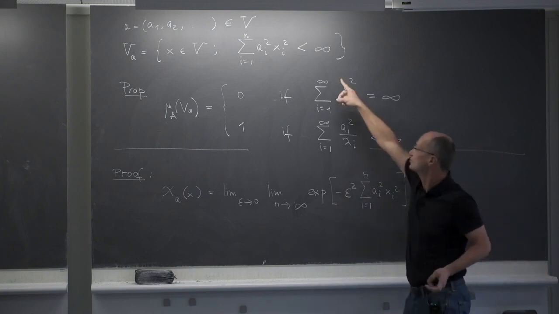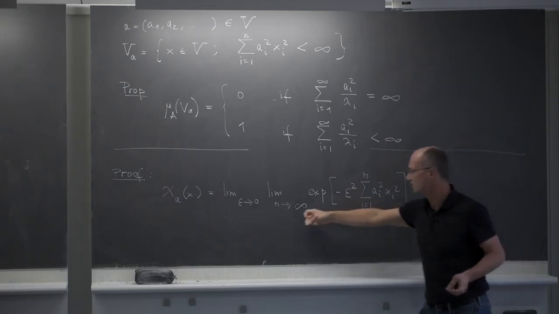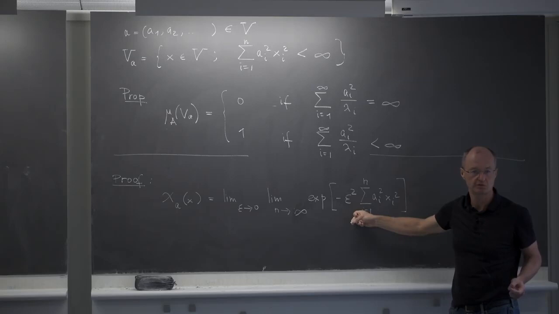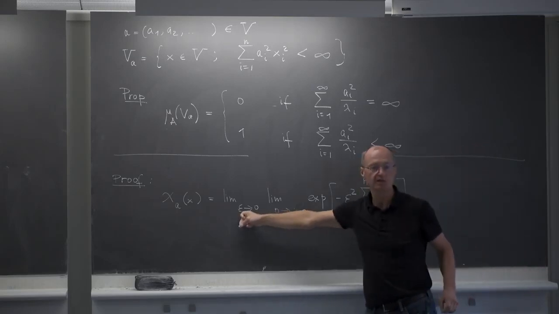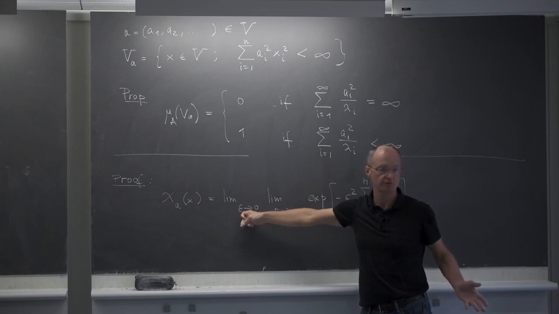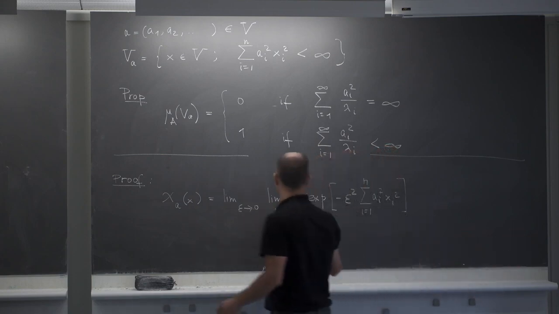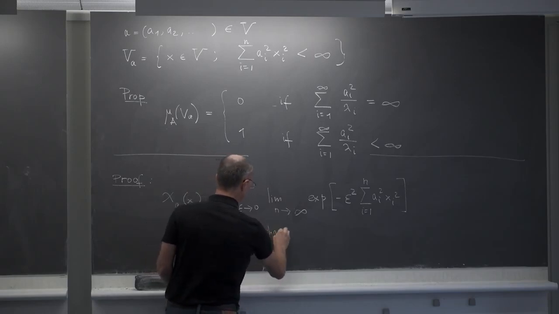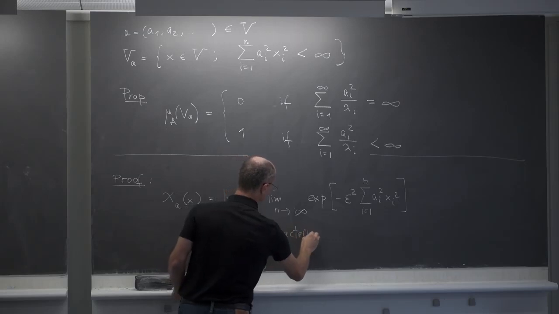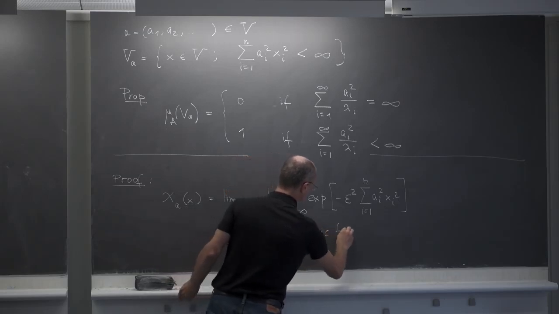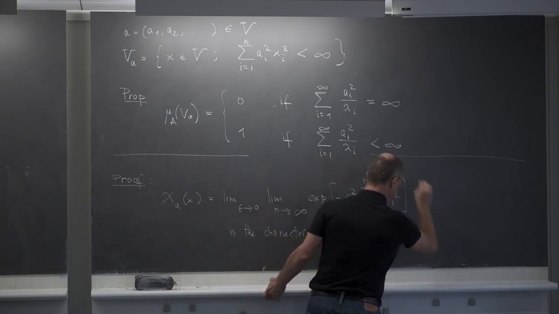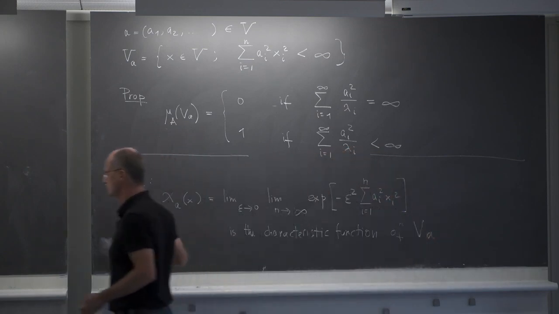And of course, if this thing is divergent, we take a limit n to infinity, so this exponential converges to 0, for all positive epsilons. And then we take a limit epsilon to 0, it remains 0. So this is the characteristic function of the space VA.